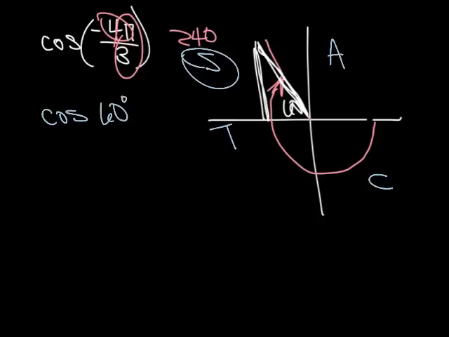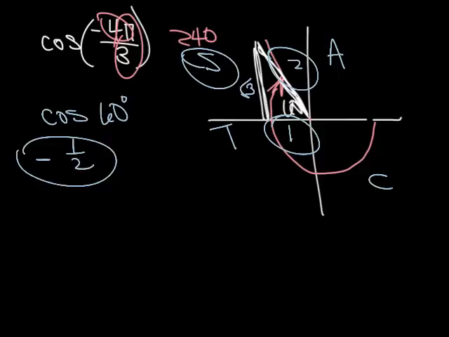Sine is positive there, therefore my cosine is going to be negative. So my answer is going to be negative. I'm going to take the cosine of 60. Well, the cosine of 60, this is 1, this is 2, that is the square root of 3. Cosine is adjacent over hypotenuse. There we go. There's the cosine of negative 4 pi over 3.